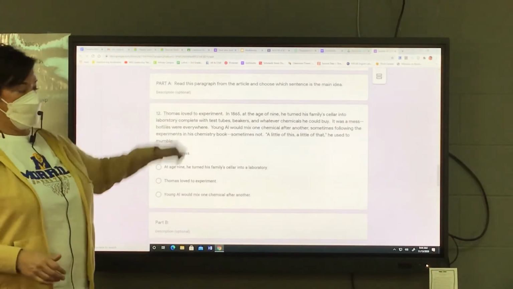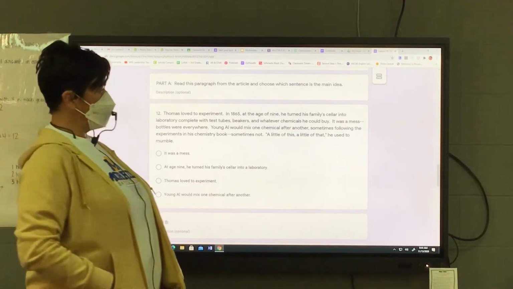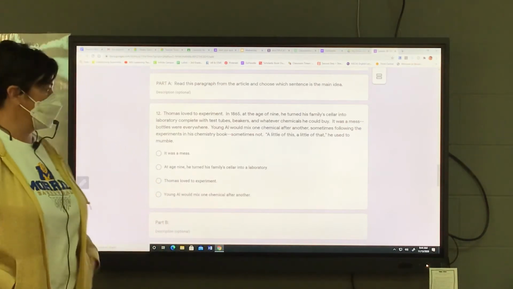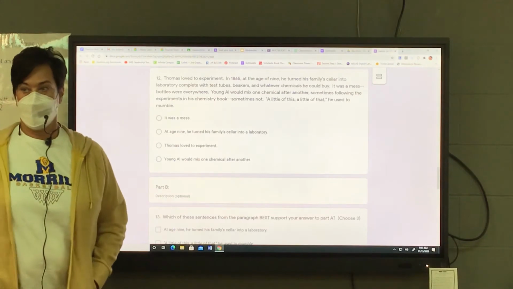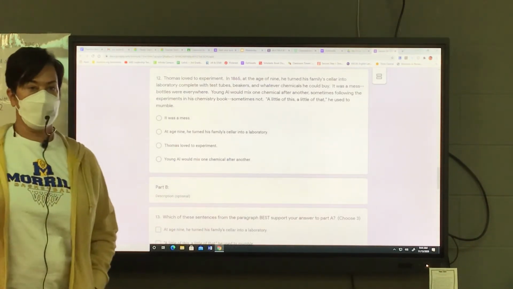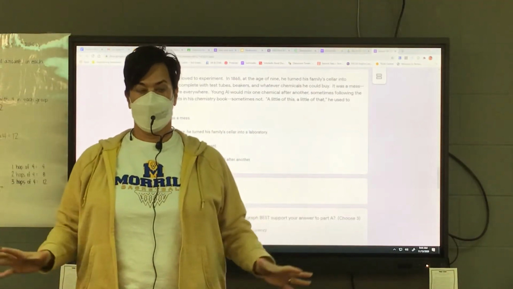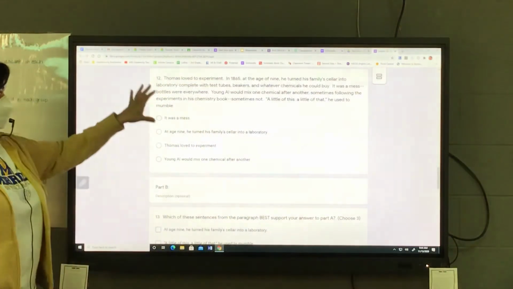Look at part A. Read this paragraph from the article and choose which sentence is the main idea. So we're on 12 now. What are we thinking about here? The main idea. And main idea means what the whole thing is talking about. So we have to think about the main idea for number 12 here.